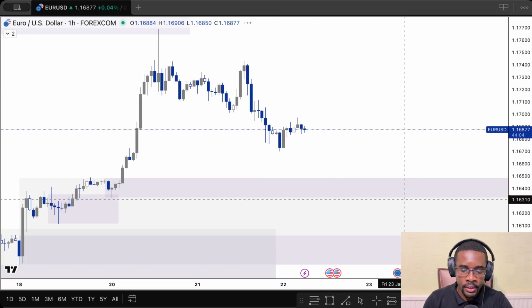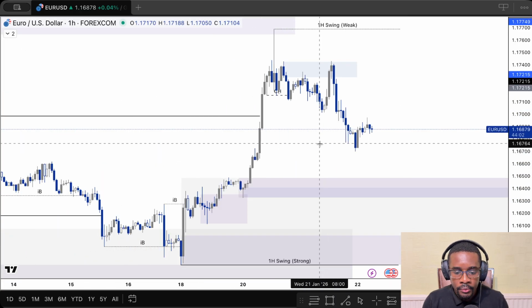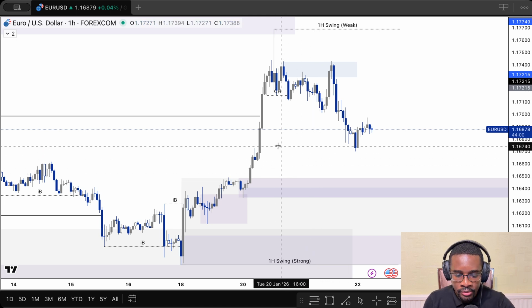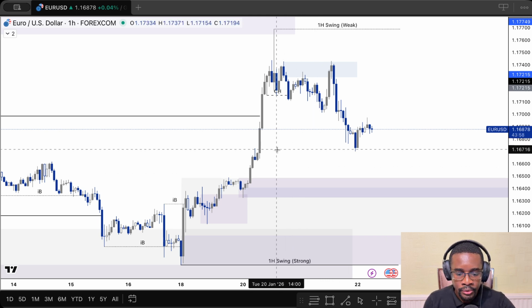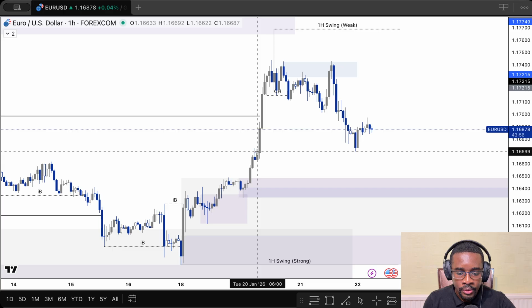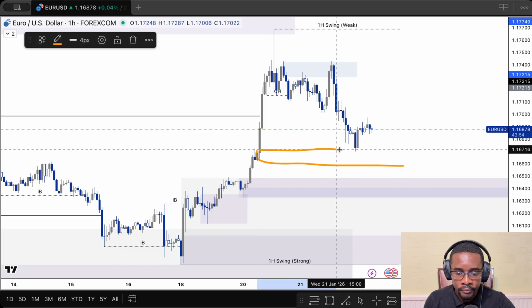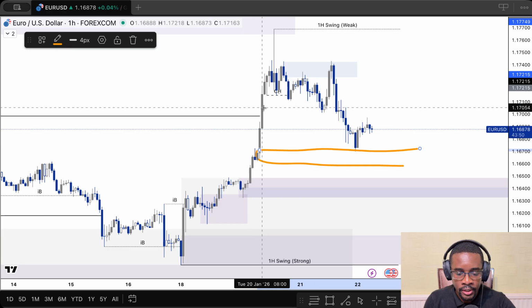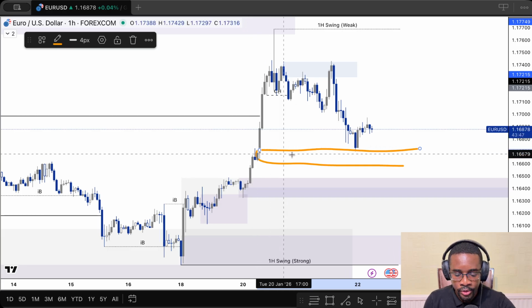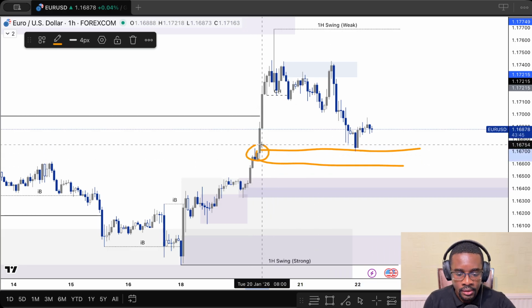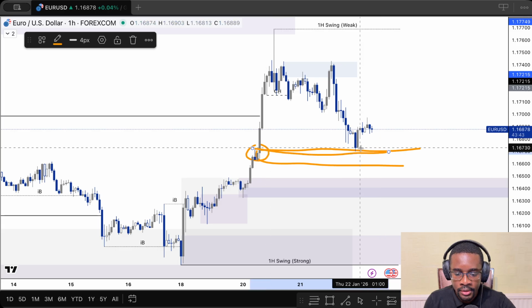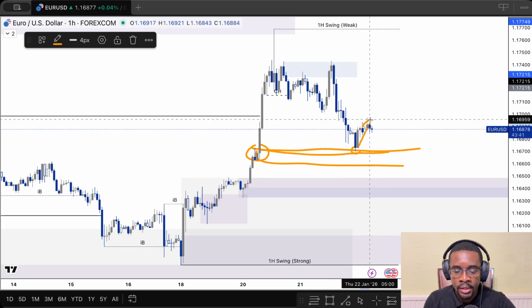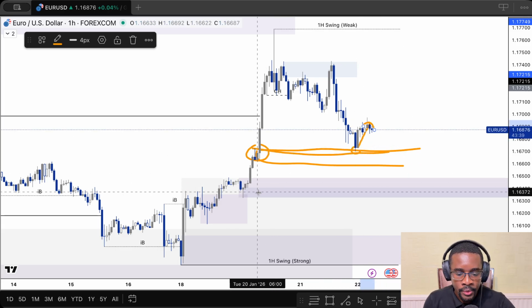And then looking at the 1 hour, we did not have any clear structure really to look at. We do have this internal fractal structure break. I didn't mark this, but you can see price is reacting from that area at the moment.